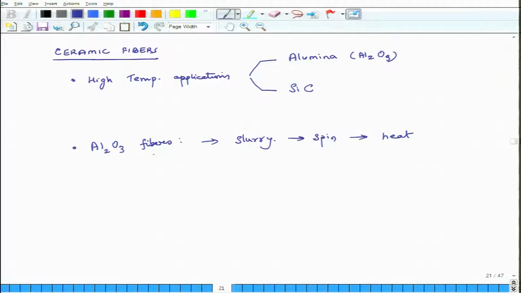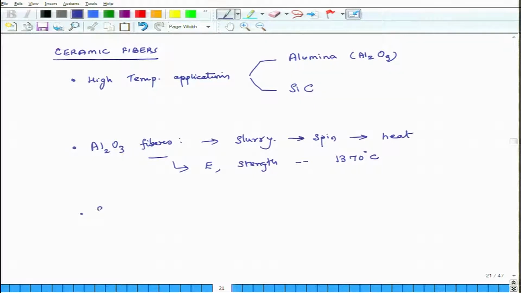And it has been shown that these alumina fibers can retain their mechanical properties, that is Young's modulus, strength, etc., as high as 1370 degrees centigrade. So, this is about alumina fibers.